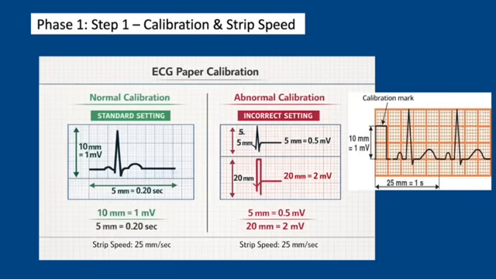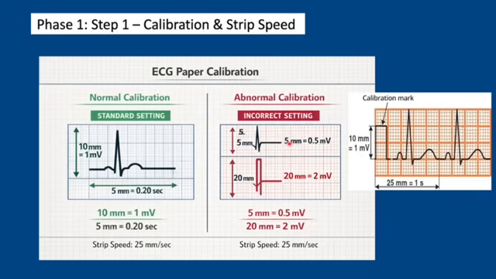Look first at calibration and strip speed. 1 millivolt gives a deflection of 10 millimeters, which is 2 big squares, which is a normal calibration. If it is adjusted wrongly to half millivolt or 2 millivolt, half millivolt will give a deflection of only 5 millimeters.